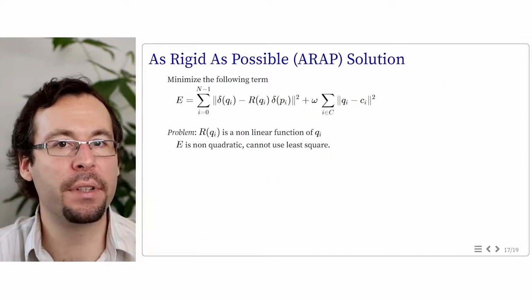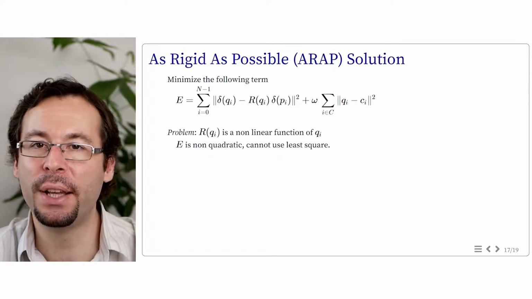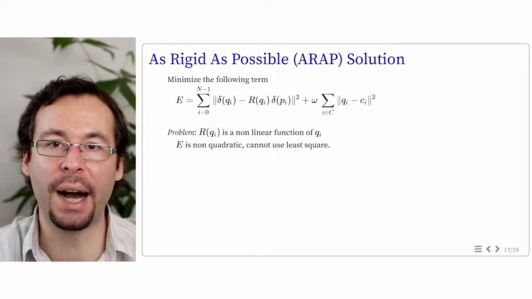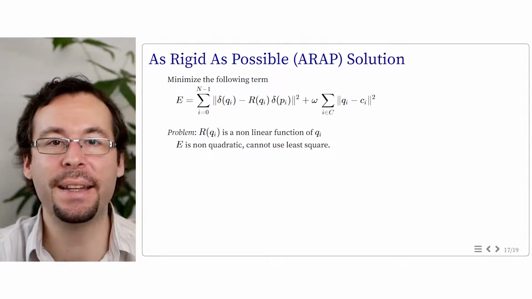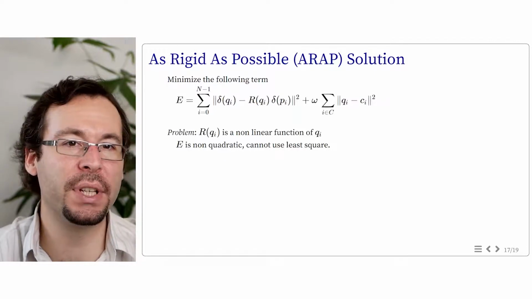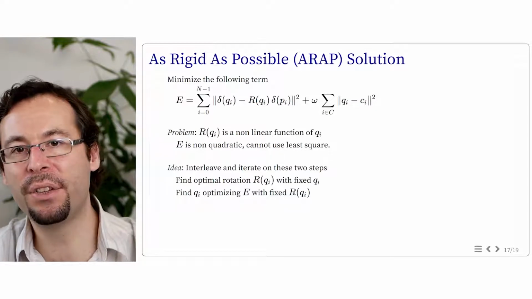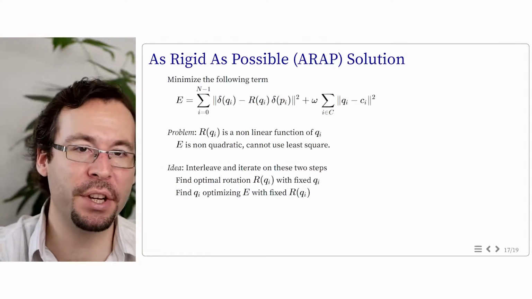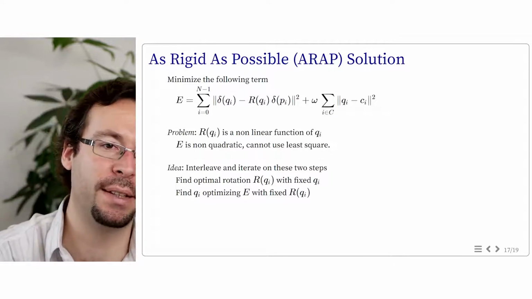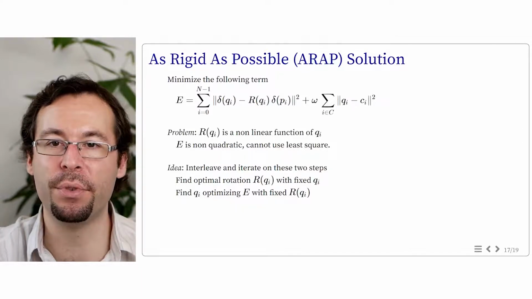So we can compute this rotation R, but one of the problems now in our formulation is that the expression of R is nonlinear with respect to Qi, which means that the global energy E is not quadratic anymore, so we cannot use directly a least squares method to solve it. One idea to avoid nonlinear optimization is to split the rotation part and the Laplacian part, interleaving and iterating between these two steps.